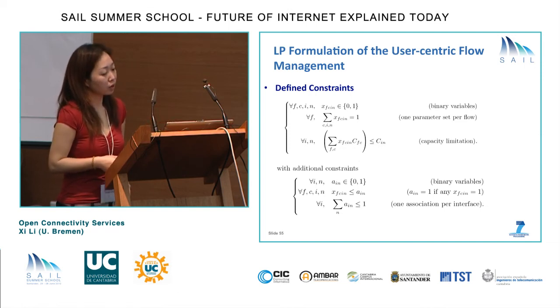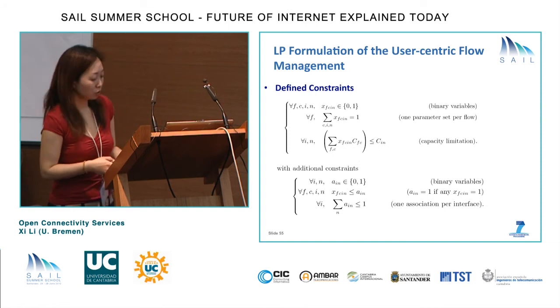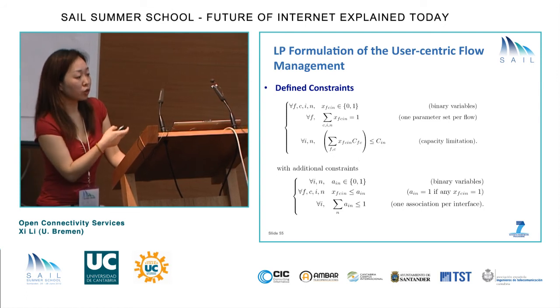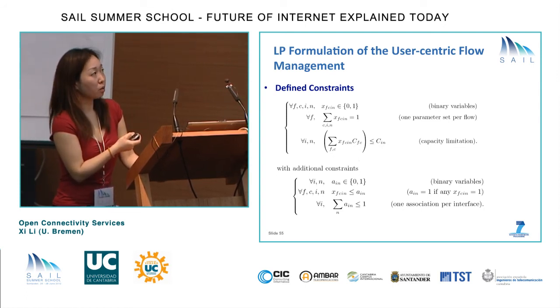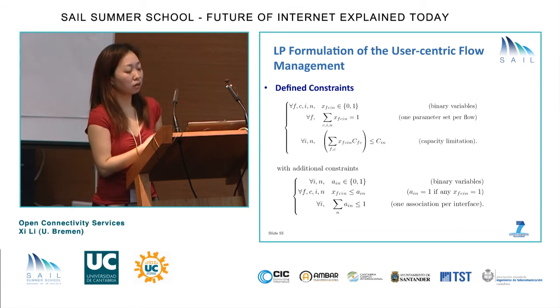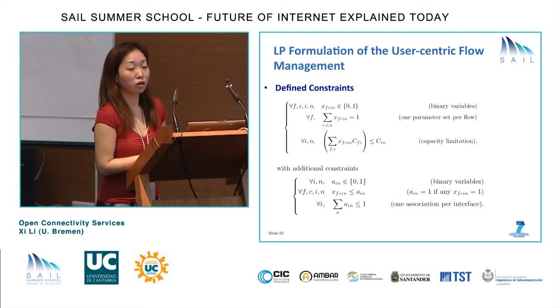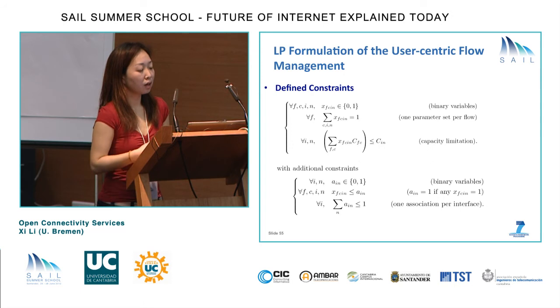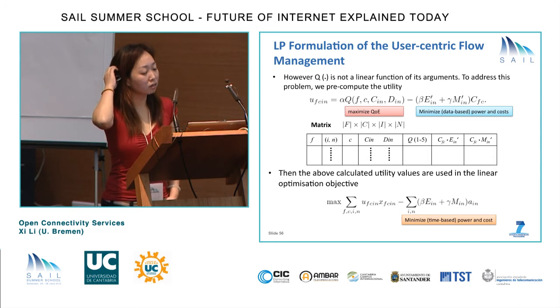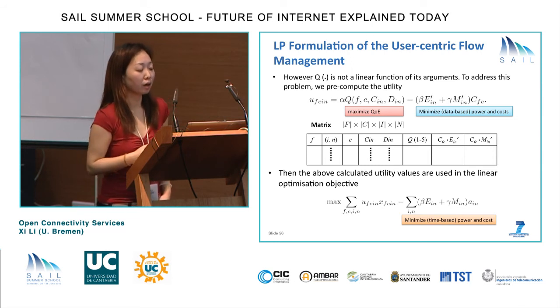And then additional constraints are mainly to describe the association between the interface and the network. So there are a lot of mathematical formulations, but in principle, in order to solve the flow management problem, we first need to define the objective function, and then we also need to define the corresponding constraints to solve for the solutions. As you can also see, the quality of experience is actually not a linear function, as I also showed at the beginning.